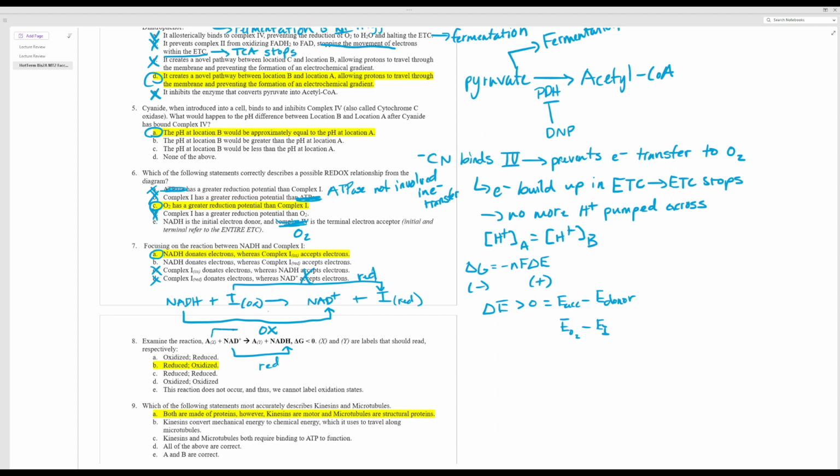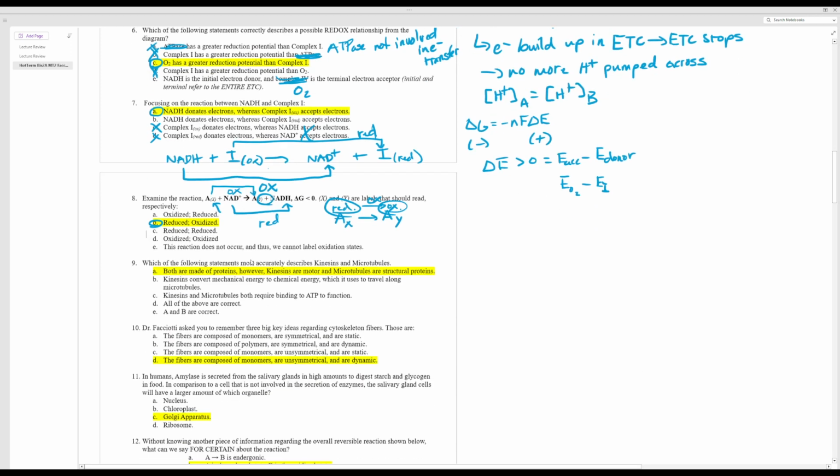For reduction to take place, we must have an oxidation reaction. So AX to AY is going from a reduced state to an oxidized state, which is an oxidation, where we lose electrons. In order to lose electrons, it needs to have them in the first place, so it needs to be reduced. The X corresponds to the reduced state, and the Y corresponds to the oxidized state. So answer choice 8.